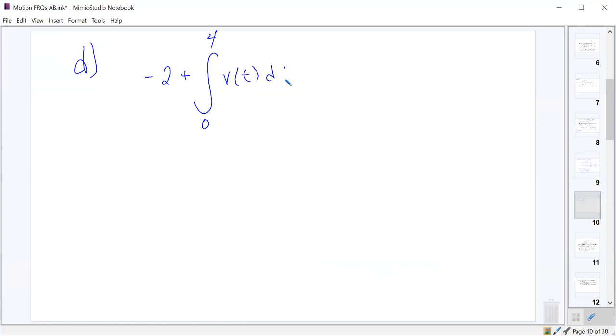V of t dt. Since we don't have a calculator, I'll write this out and we'll actually do it. Cosine of pi t over 6 dt. How do we integrate cosine pi t over 6? With the u substitution, u equals pi t over 6, and du is pi over 6 dt.